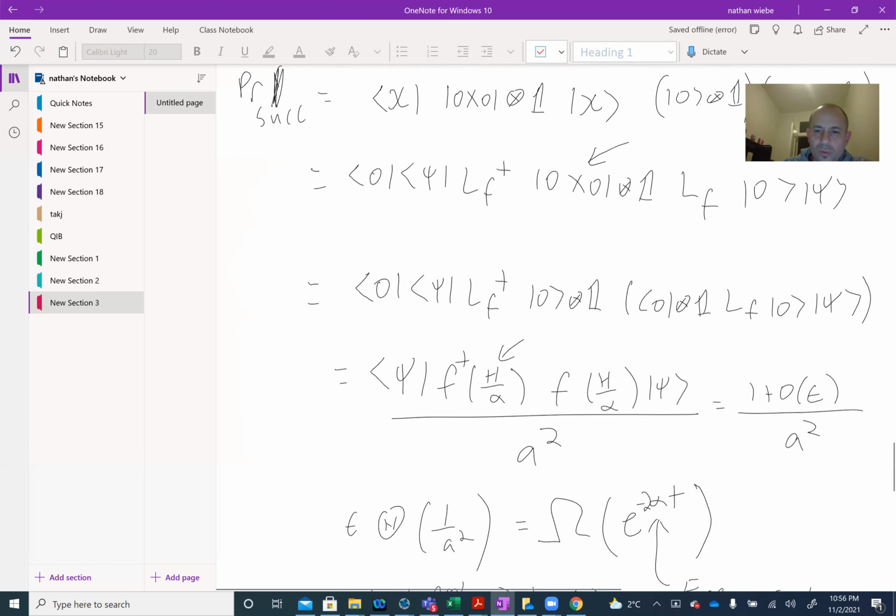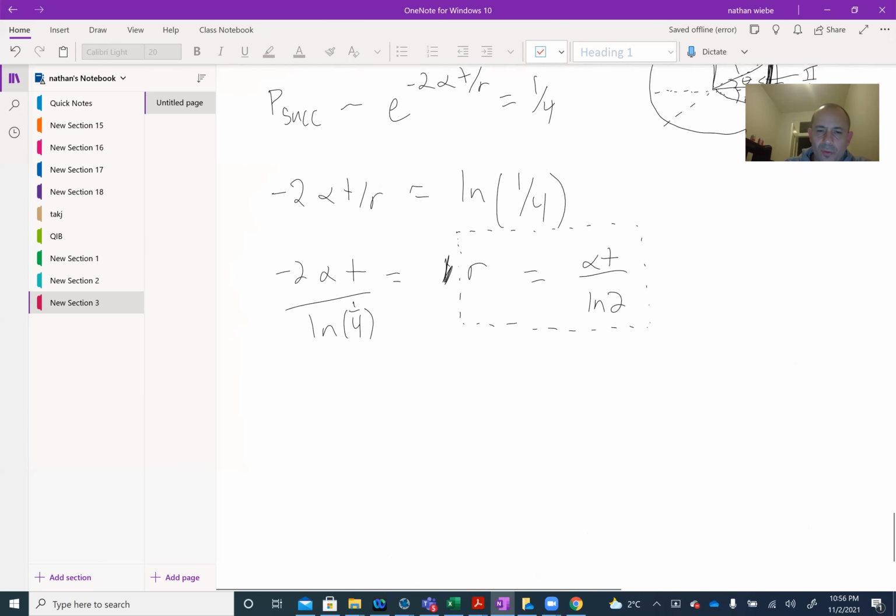So k is in order alpha t log 1 over epsilon. And this is when we were doing a complete step.